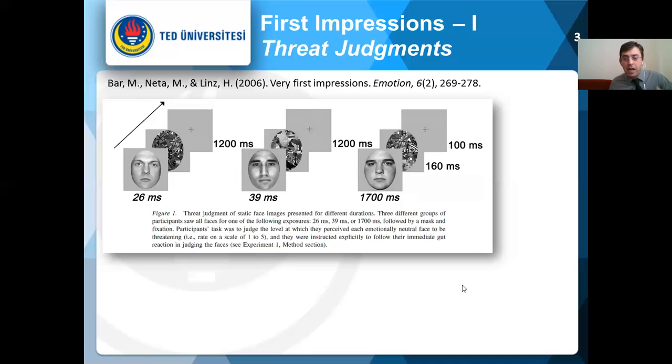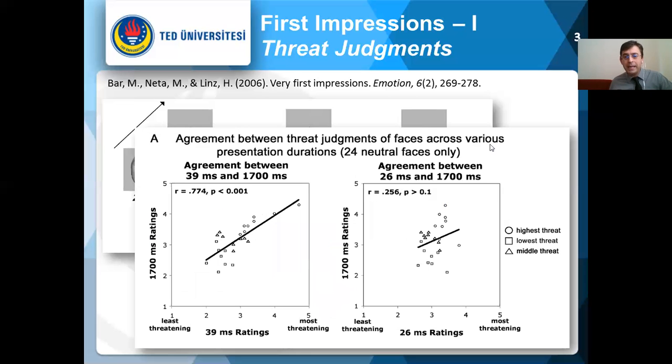So what happens? After being presented with many faces, for each face they made threat judgments. And look at these graphs now. I'll try to make them sensible for you. On the left panel, you observe the correlation between 39 millisecond ratings, 1 least threatening, 5 most threatening, and an individual's ratings for 1.7 seconds.